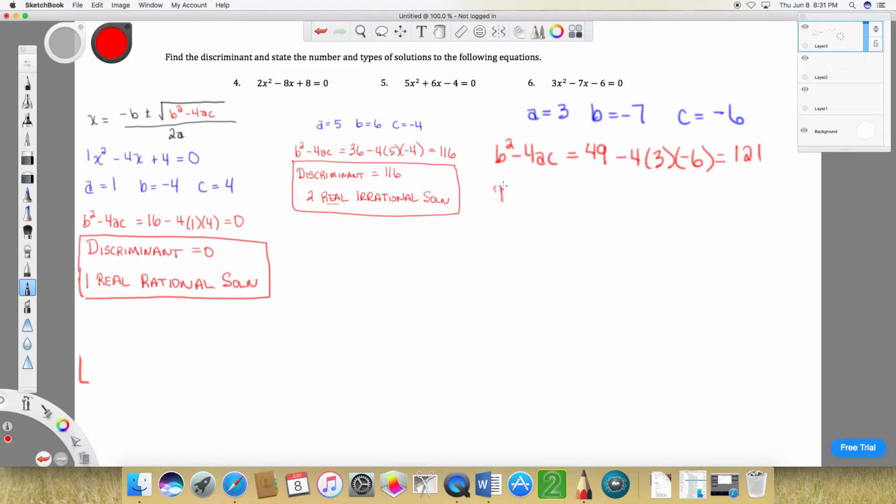So that's the value of my discriminant, 121. It is not 11. And this tells me, because it's positive, that my solutions are real numbers. And furthermore, since it's a perfect square, they are rational solutions.